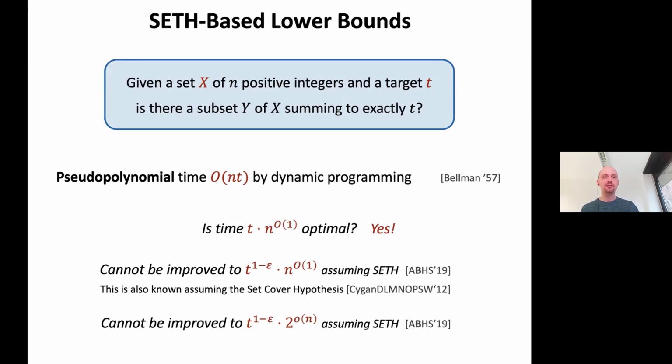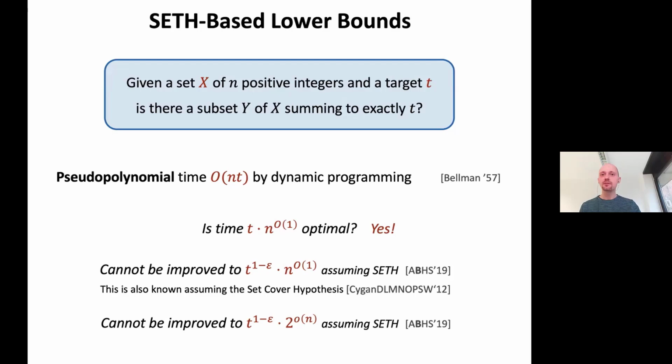Let me also mention here that strong exponential time hypothesis, this is the most standard assumption to prove these kinds of lower bounds. There are other hypotheses, like the set cover hypothesis, and this lower bound of the form t to the 1 minus epsilon times poly-n has been known before under the set cover hypothesis. Now it's known under the more standard SETH, and it's even known with this 2 to the o(n).